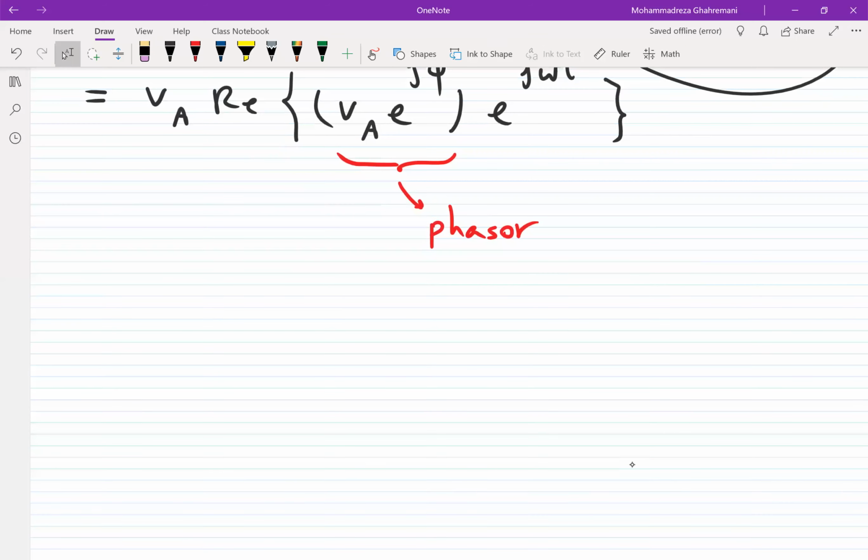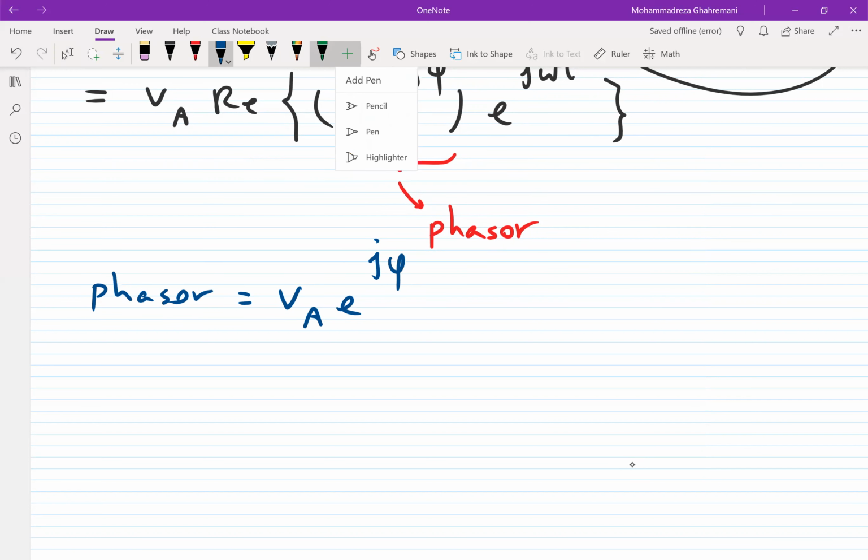So we can say the phasor is equal to VA e to the power of j phi. This kind of representation is called polar representation.